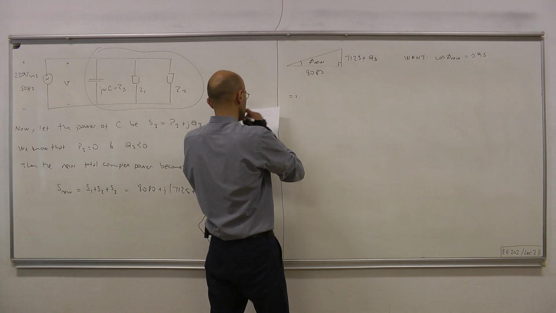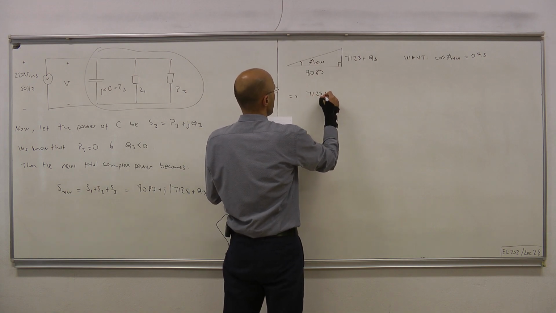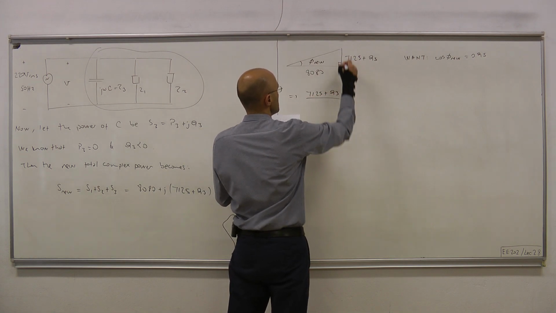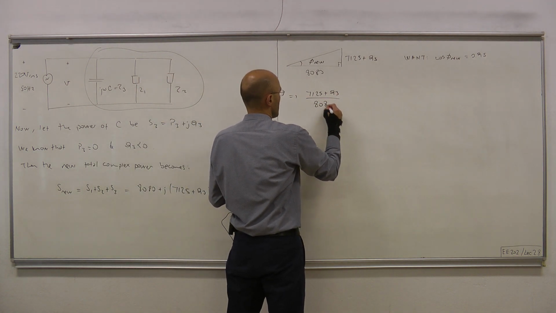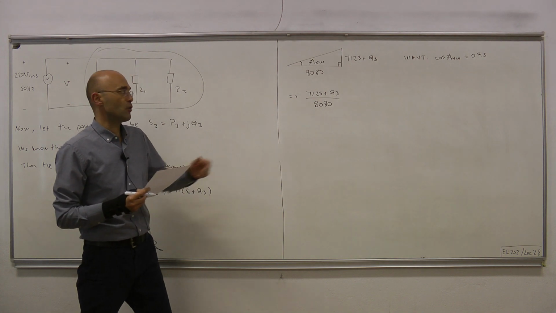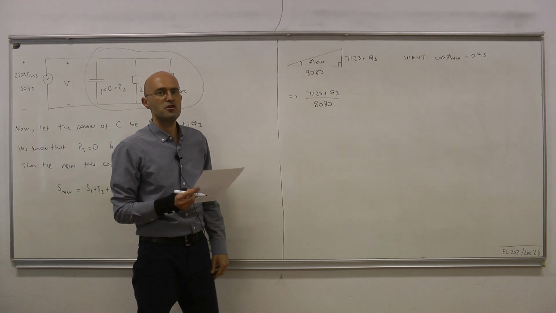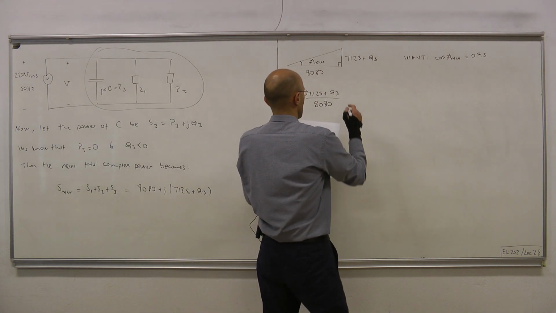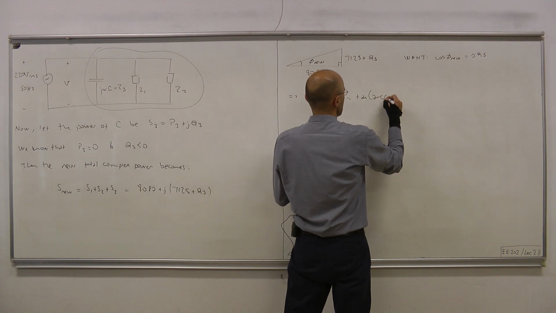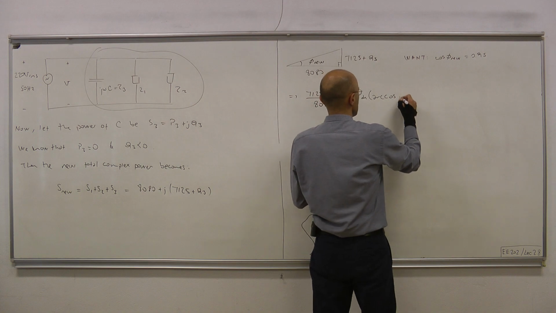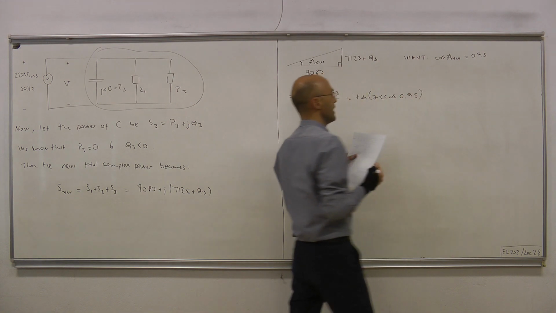So 7125 plus Q3, this is our new reactive power, divided by the horizontal side, equals the tangent of our new phase, and the new phase is arc cos 0.95.